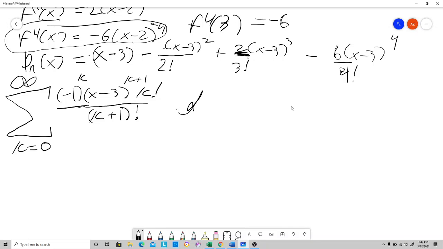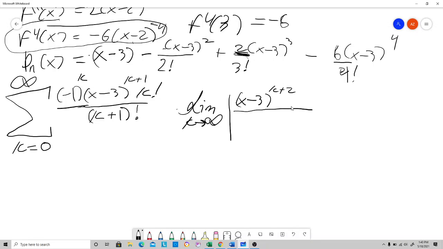So I take the limit as k approaches infinity, and we're going to treat x as just a constant. We're not going to worry about it at all. Because it's the ratio test, we do an absolute value sign, so this alternating sign will just go away. So it will be x minus 3 raised to the k plus 2, because I added a 1 everywhere it's a k.